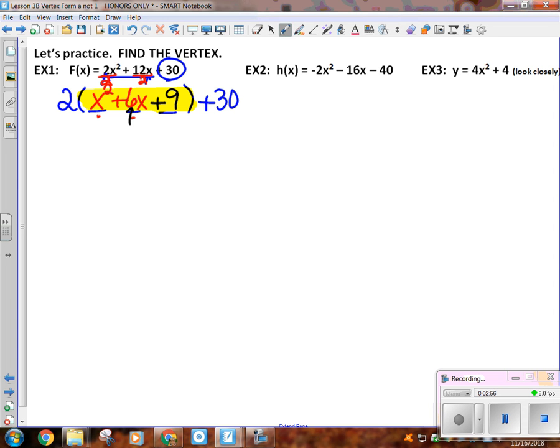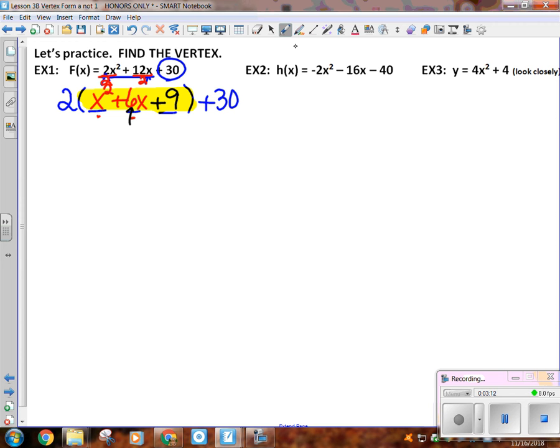Now, here is the adjustment we're going to have to make. What you have to remember is that if we just throw a number in, we have to adjust for it somewhere else. Typically, yesterday, if we added the number we needed, we subtracted it at the end.